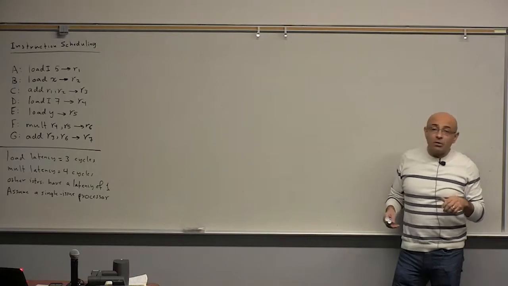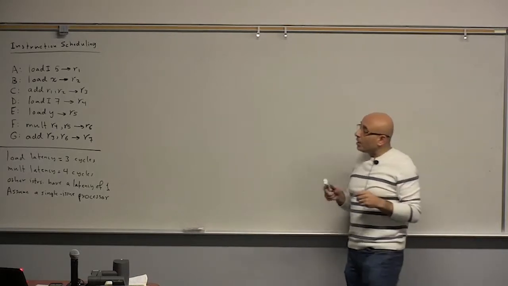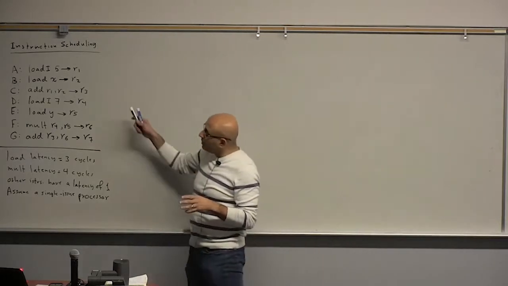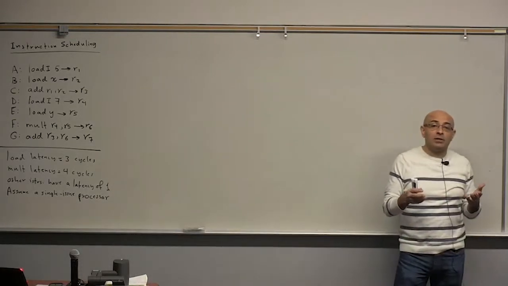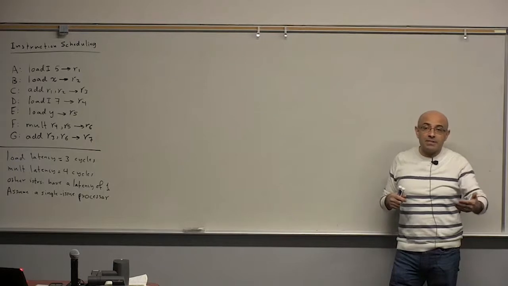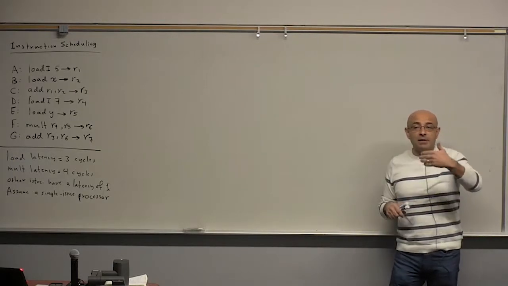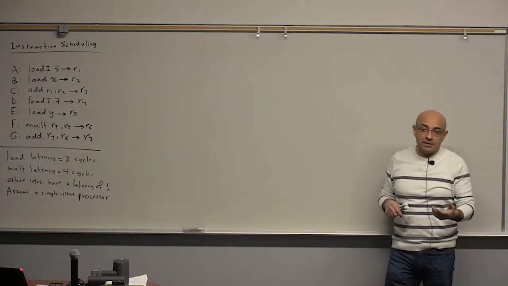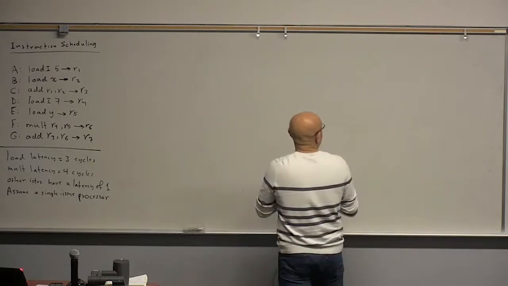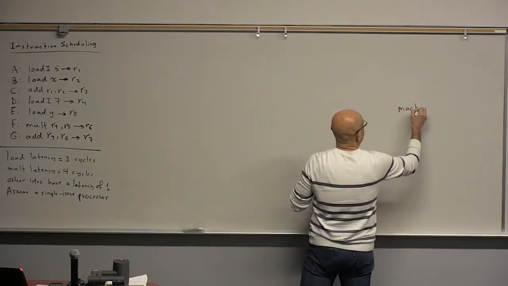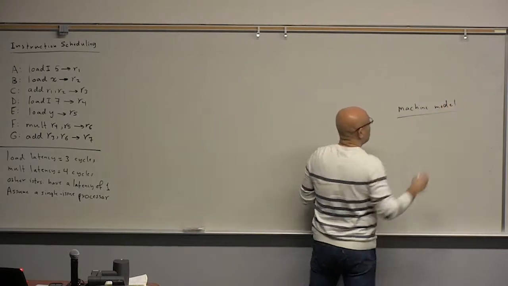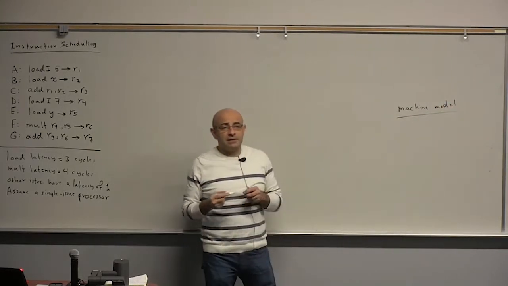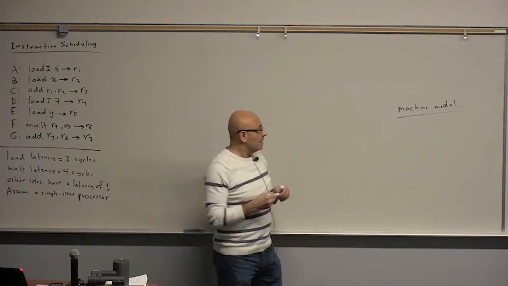So in order for the compiler to reorder instructions properly, reorder them in a way that will optimize performance, it needs to know something about the target processor. It needs to have some kind of machine model. In our examples, our machine model is extremely simplistic.